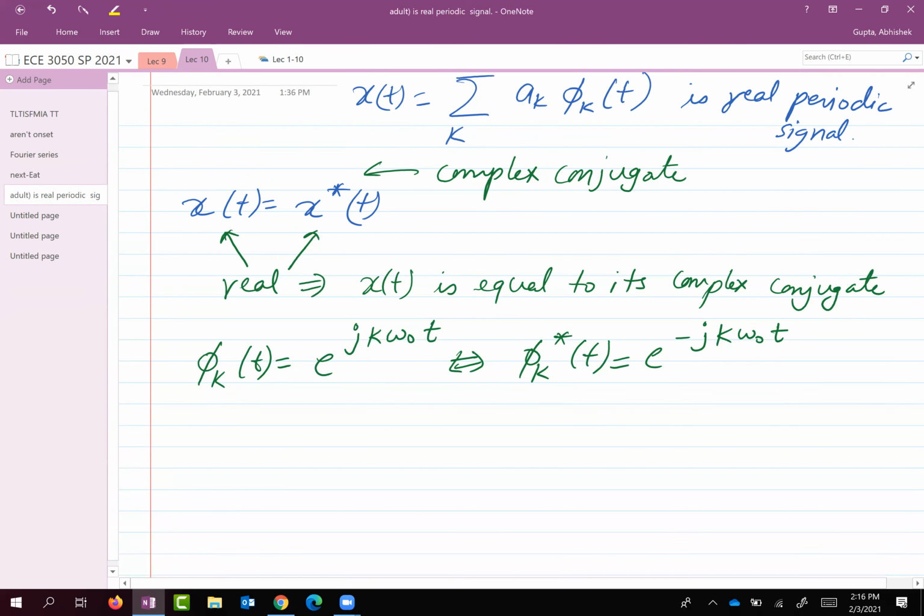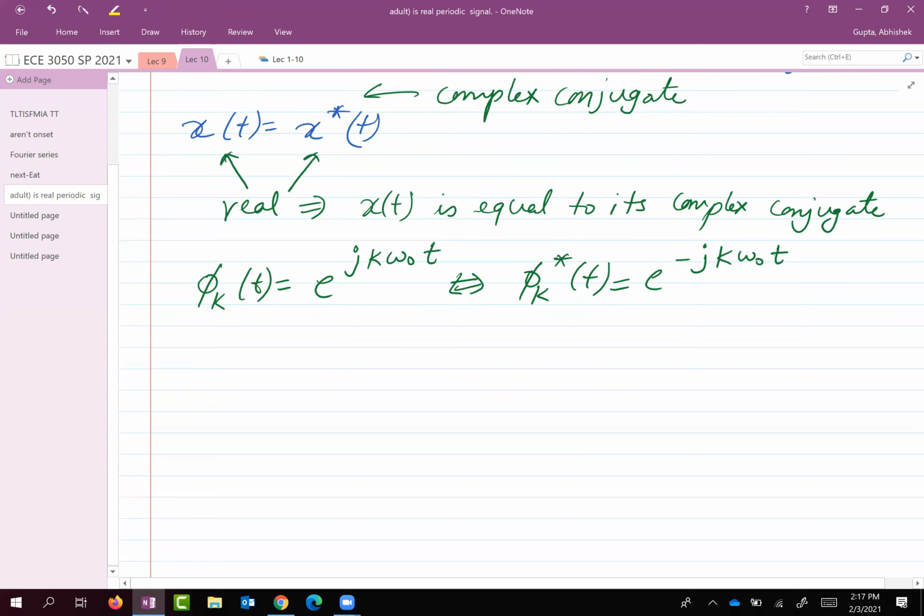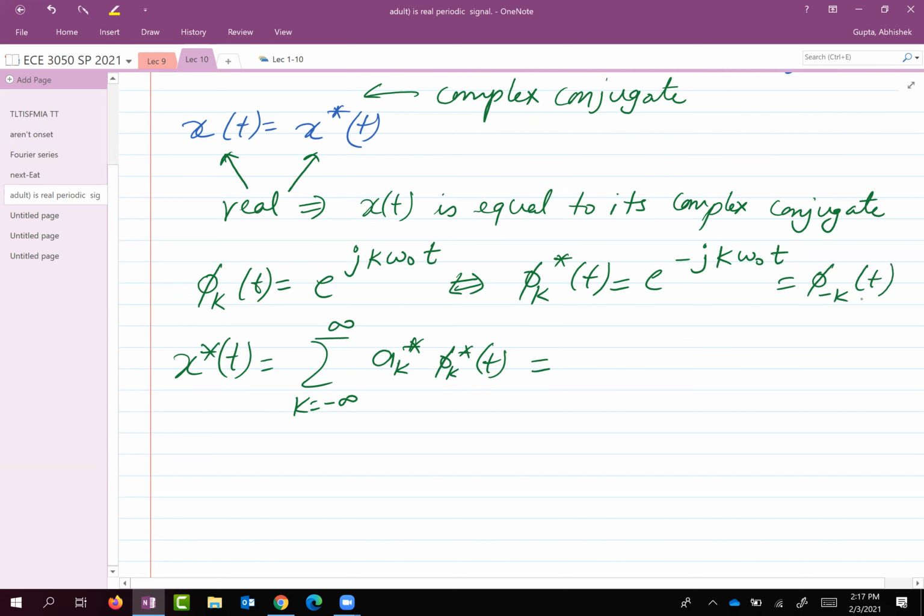Okay, so now let's look at x star of t, that is summation a k star phi k star of t, k goes from minus infinity to plus infinity. But what do I know about phi k star? Well, we just saw that phi k star of t is phi minus k of t.